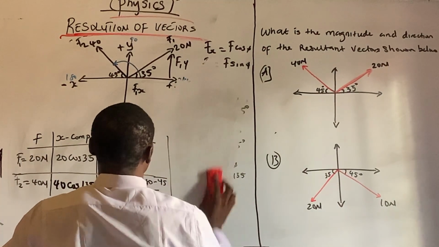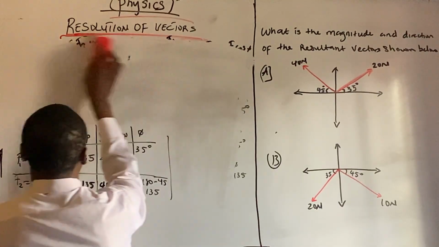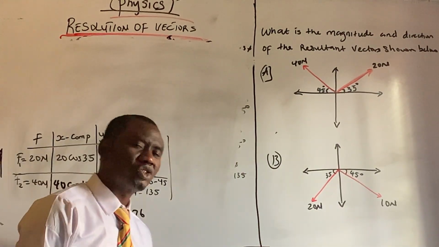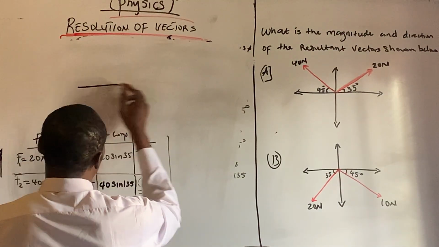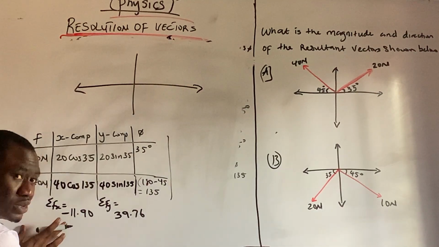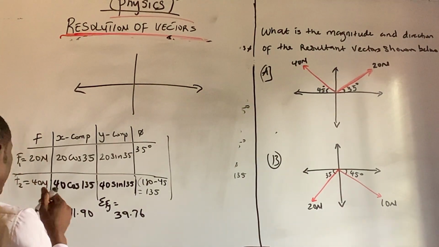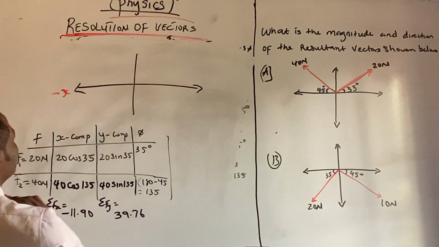All right. Now I'm going to redraw this vector because I've gotten the new sum of the Fx component and the sum of the Fy component. So the new vector will look like this. Observe that the x component is negative. If the x component is negative, it's going to be moving towards the negative x-axis.